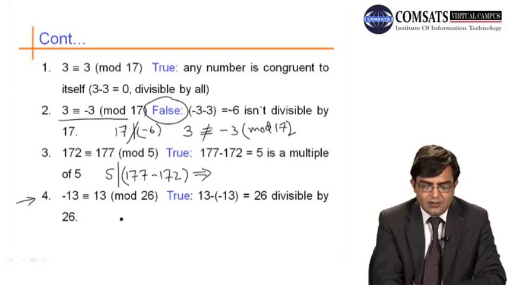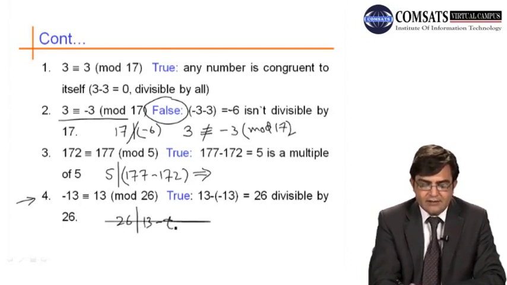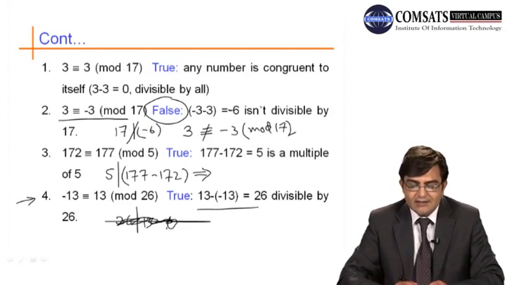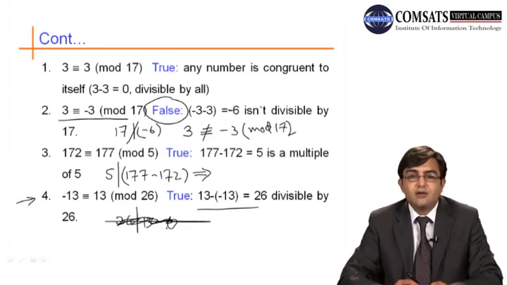So here we can see that 26 divides 13 minus minus 13, which is basically 26, and that is divisible by 26. So the fourth example, where minus 13 is congruent to 13 mod 26, is true.